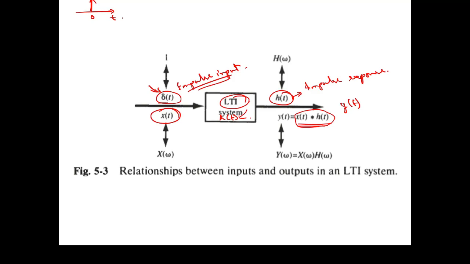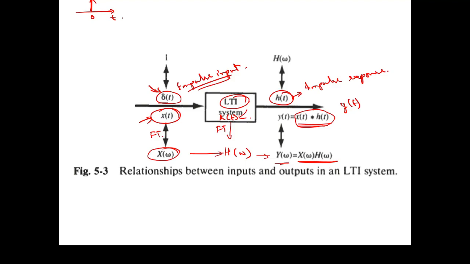So what is done is that if we take the input x of t and perform Fourier transform, we get X of omega. Similarly, if we take h of t and perform Fourier transform, we get H of omega. The output Y of omega is equal to X of omega multiplied by H of omega.